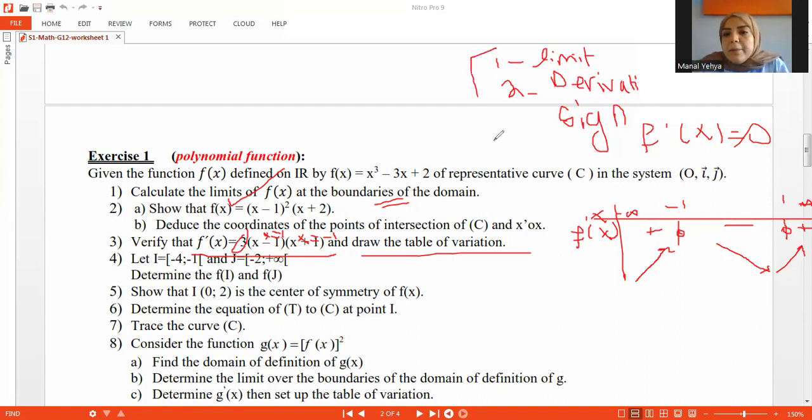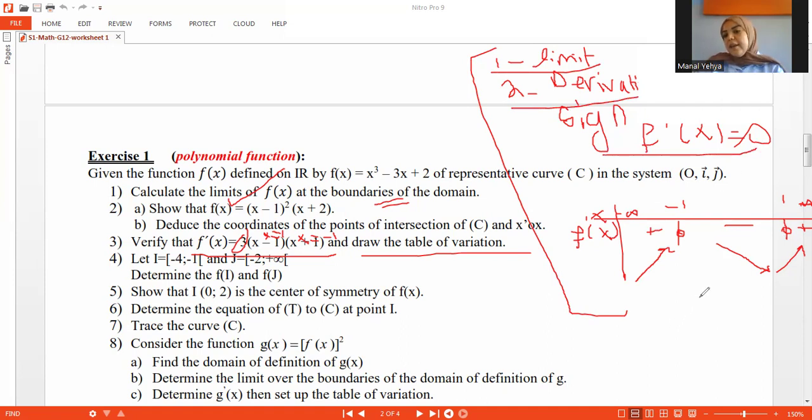But of course, we remember together the important concepts of studying the function itself. So limits, derivative, and study sign, table of variation, and then we can discuss if it's continuous or discontinuous.